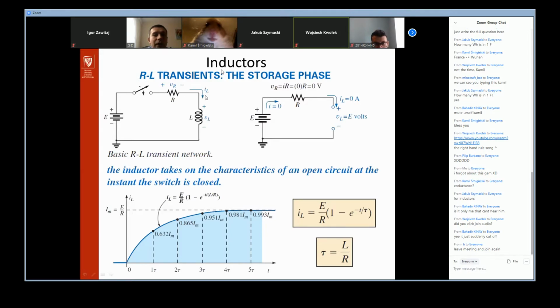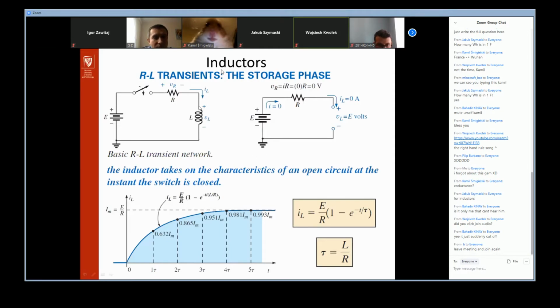The change of the current slows down, so the voltage induced across the coil also decreases. So the current is going up, and after 5 tau it reaches the maximum value, which is the steady state.